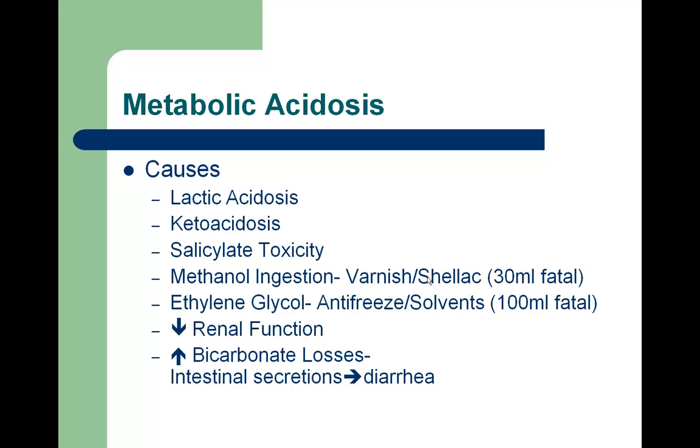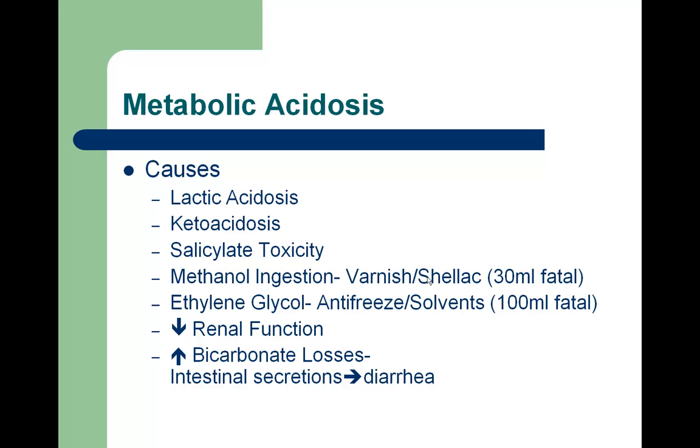In ketoacidosis, you should be familiar with this because we looked at this in depth in diabetes, in type 1 diabetic ketoacidosis. Salicylic toxicity, you see this in, like, aspirin overdose.